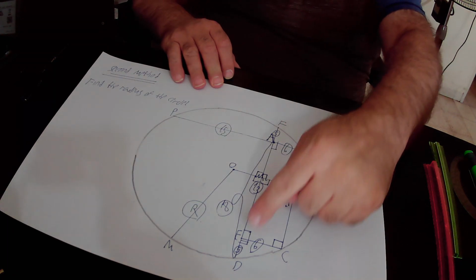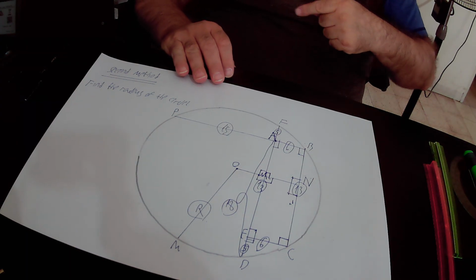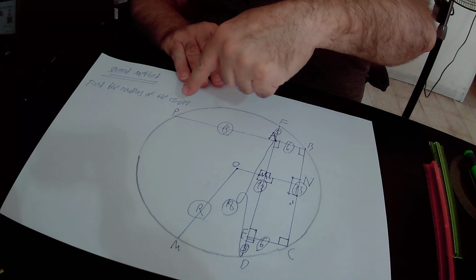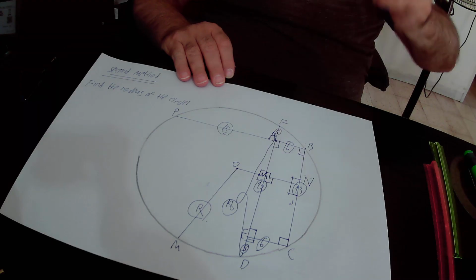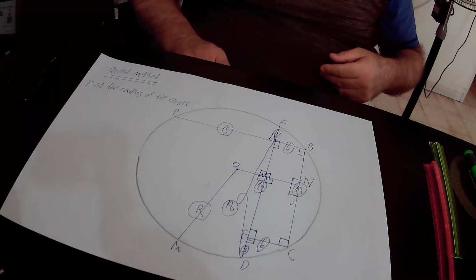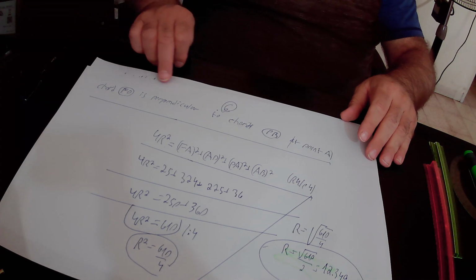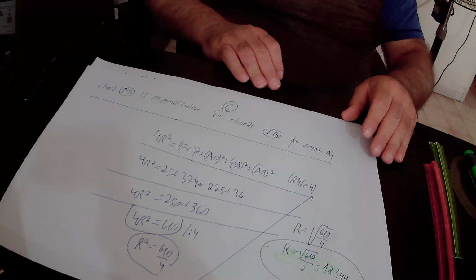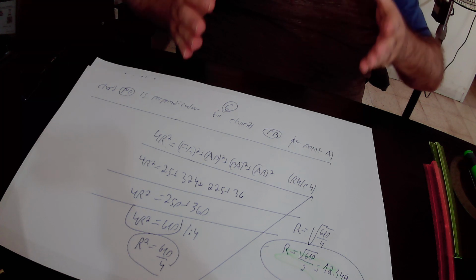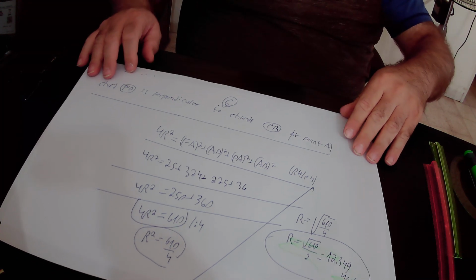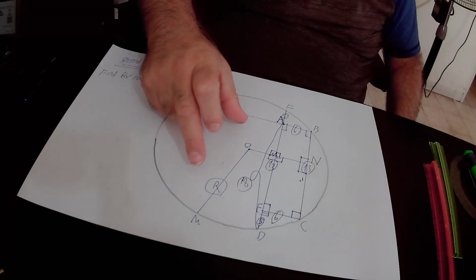Here, chord FD is perpendicular to chord PB, because they create 90 degrees at the intersection point A, therefore we can use rule number 4. We define the radius of this circle as capital R, that is to say OM equals capital R.